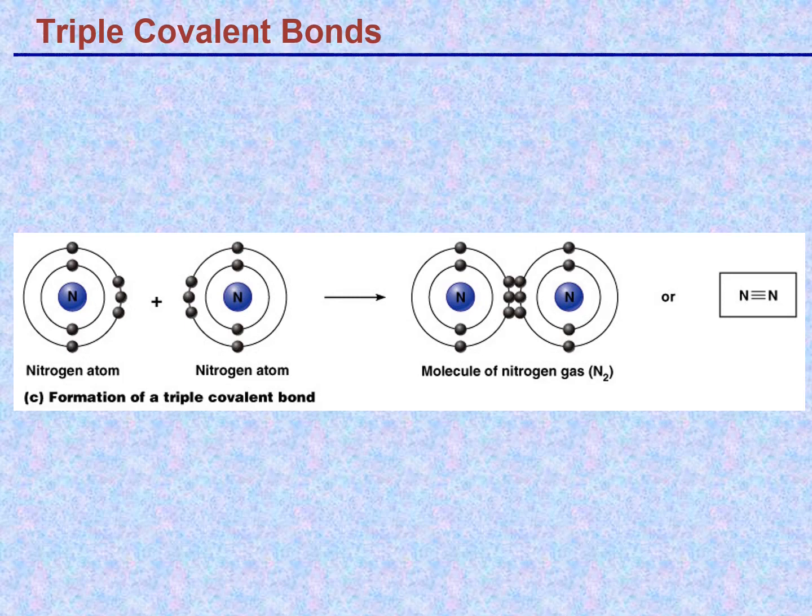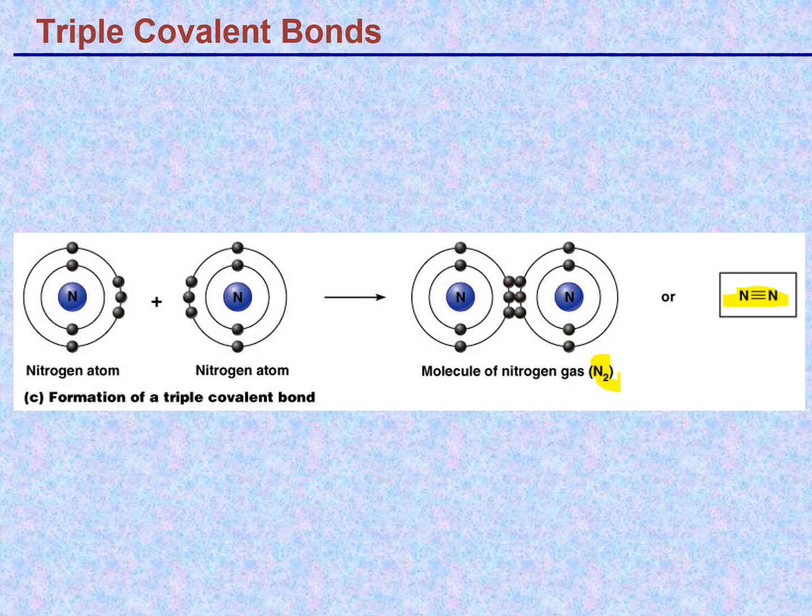A triple covalent bond, shown in the drawing as 3 lines here, is shown with nitrogen gas, again a major component of the air. In fact, about 80% of the air mixture is nitrogen, and we breathe it in and then breathe it out. We don't take it into our body.